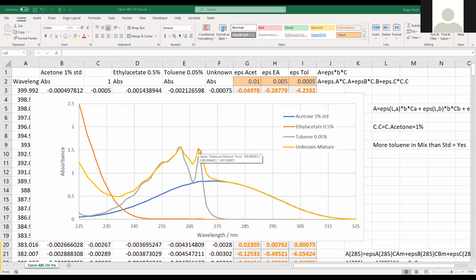If we look at a wavelength of 268 nanometers here, right at this peak, how much is acetone contributing to that absorbance of 1.48 at this wavelength of 269 nanometers here? How much is acetone contributing?